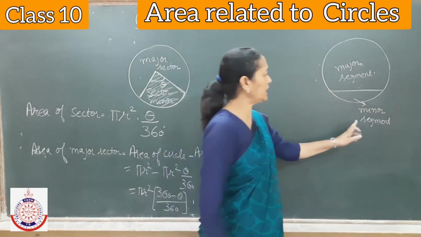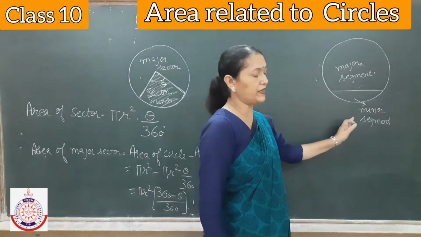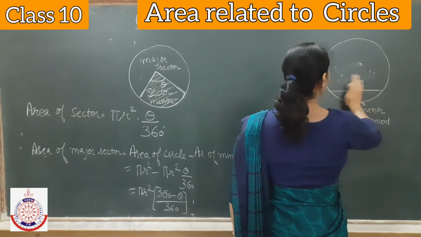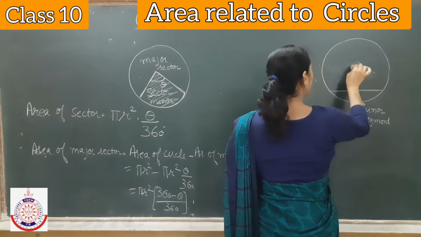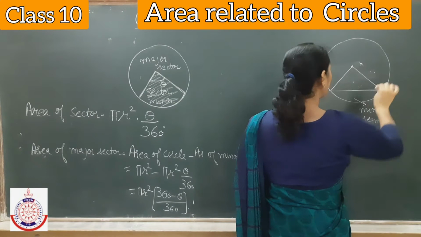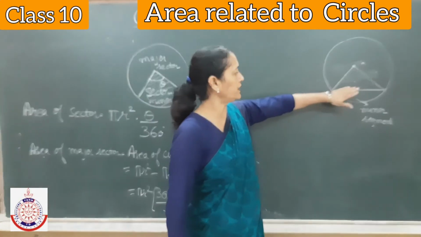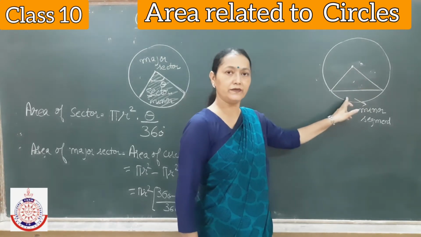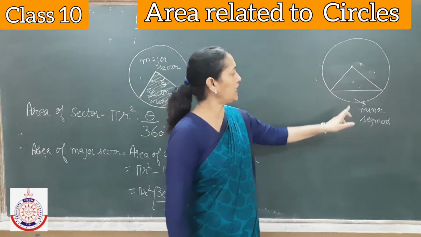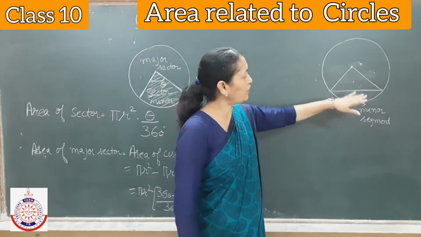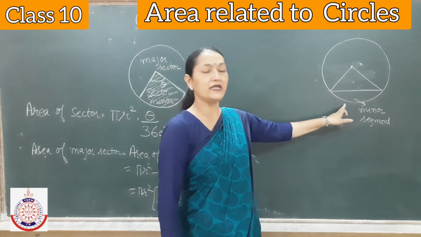Now, if you see, in case of minor segment, if some construction is being done, if I just join the two radii, and if this line is not there, then the complete portion will be sector. And from the sector, if we subtract this triangle, then what will be left? We will be left with minor segment.